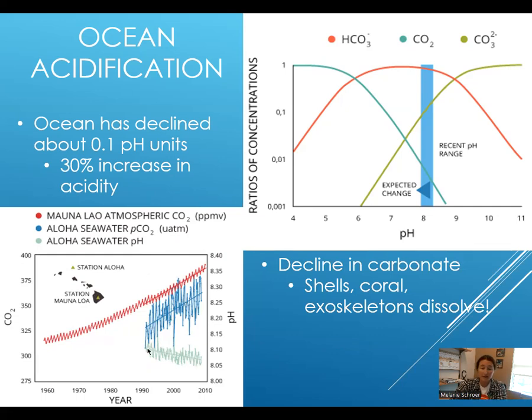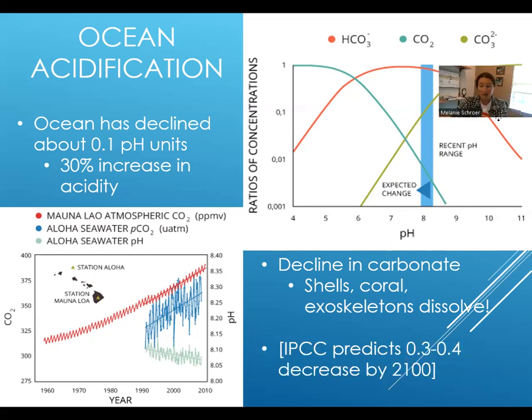And at the same time, you get this decrease in pH. And again, a decrease in pH is going to reduce how much carbonate is available for shells, for coral, for other exoskeletons of other invertebrates. And so we can see that this change has happened just within the past couple decades, right?